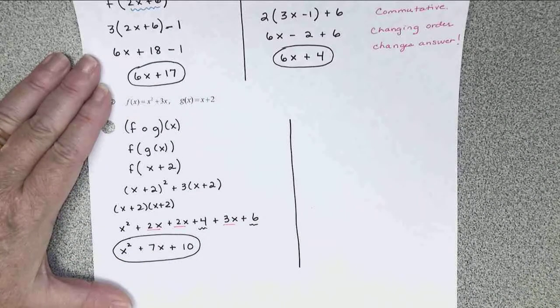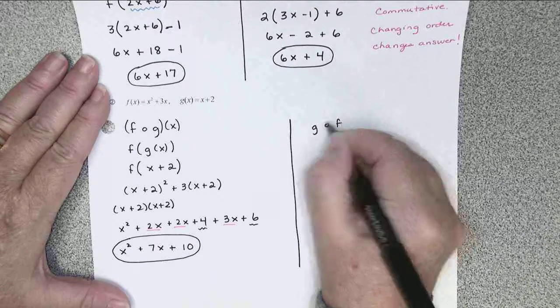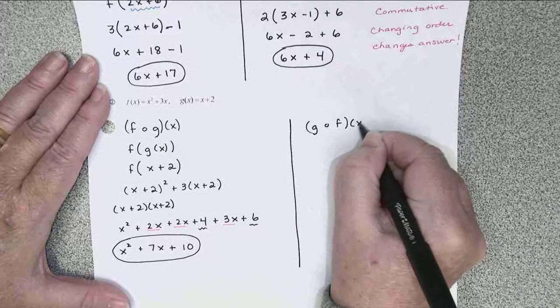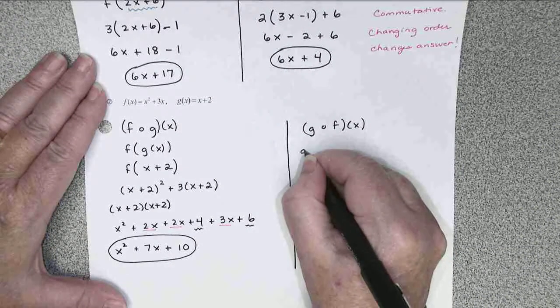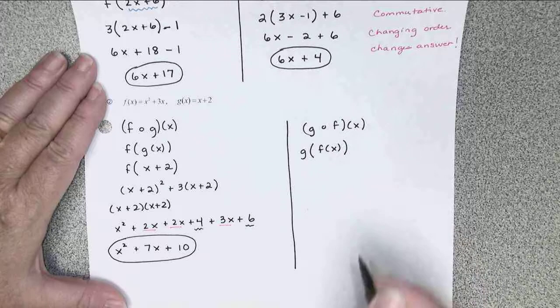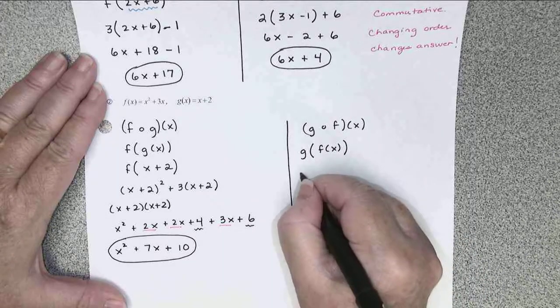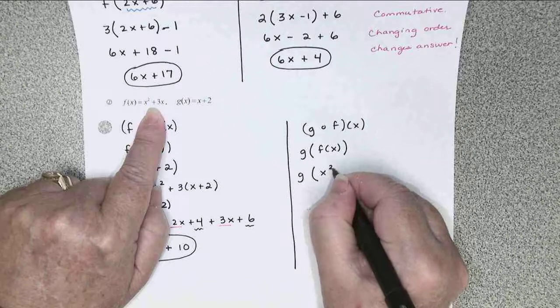Let's check it out the other way. G of f of x really means g, literally, of f of x. Or g of x squared plus 3x.